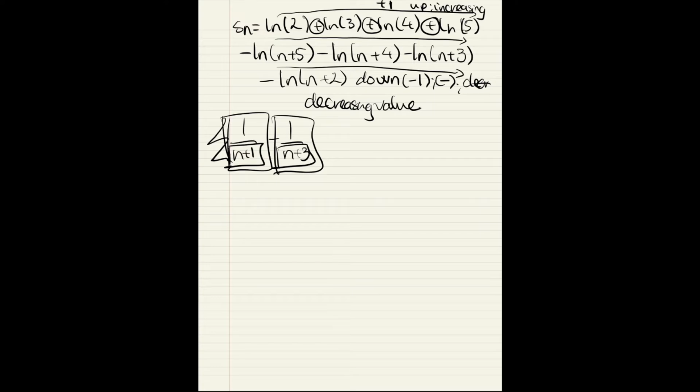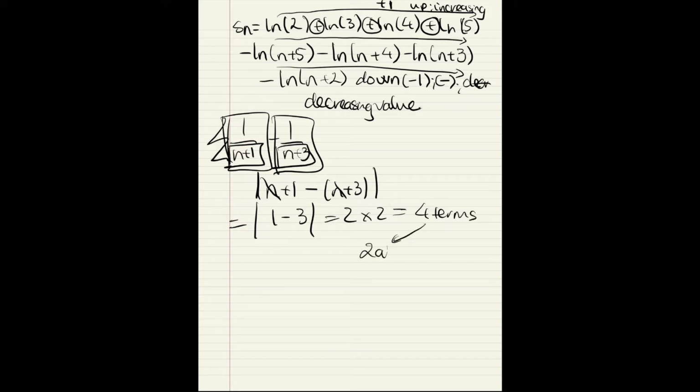So the absolute of n plus 1 minus n plus 3, this cancels, so we have 1 minus 3 is 2, times 2 is 4 terms: 2 at the end, which is 4 divided by 2, and 2 at the beginning, which is 4 divided by 2. The end terms and the beginning terms are always equal in number.